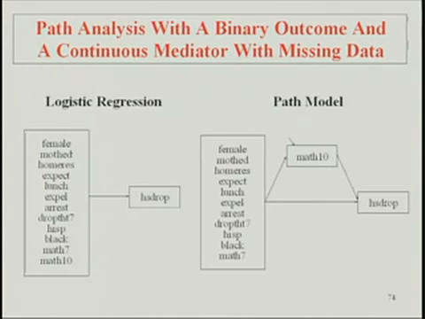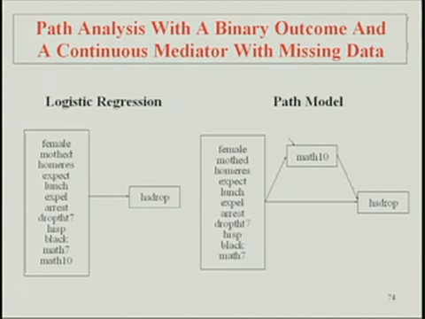There's an additional reason for doing that. There's a lot of missing data on Math 10. If Math 10 is treated as a covariate, then all of the observations with missing data on Math 10 will be deleted from the analysis, because missing data theory doesn't cover covariates, just dependent variables. If we bring it over here, it's a dependent variable, and missing data theory can apply.